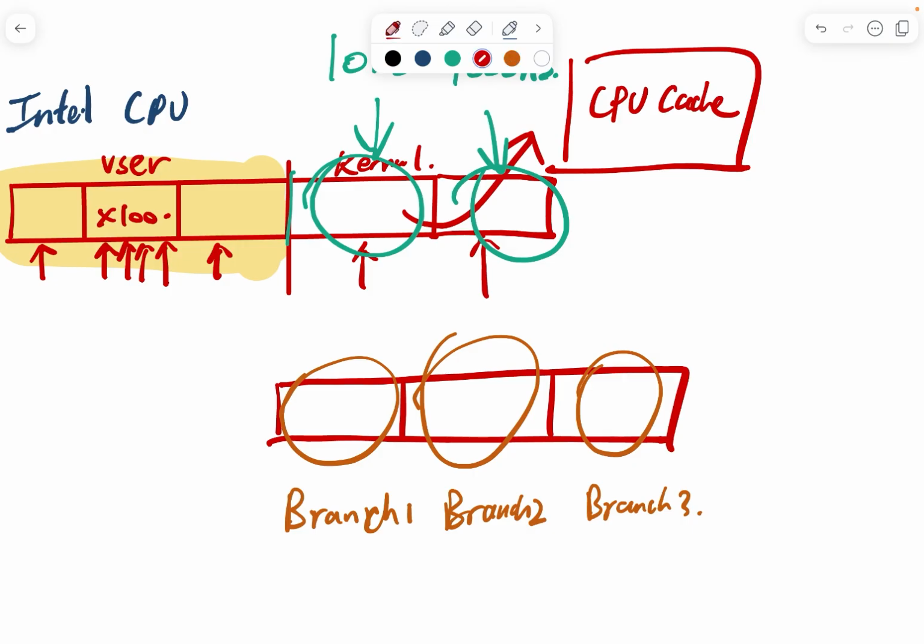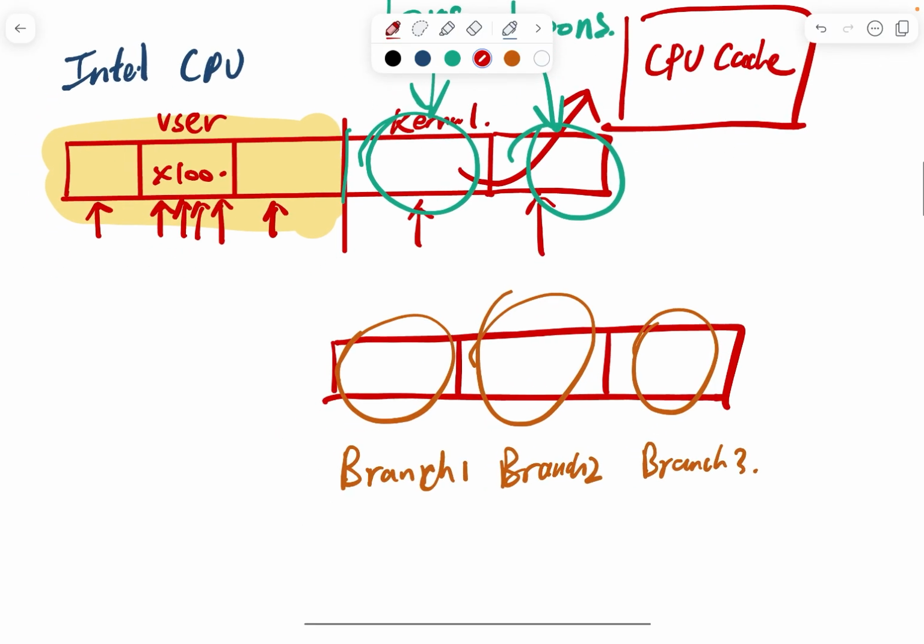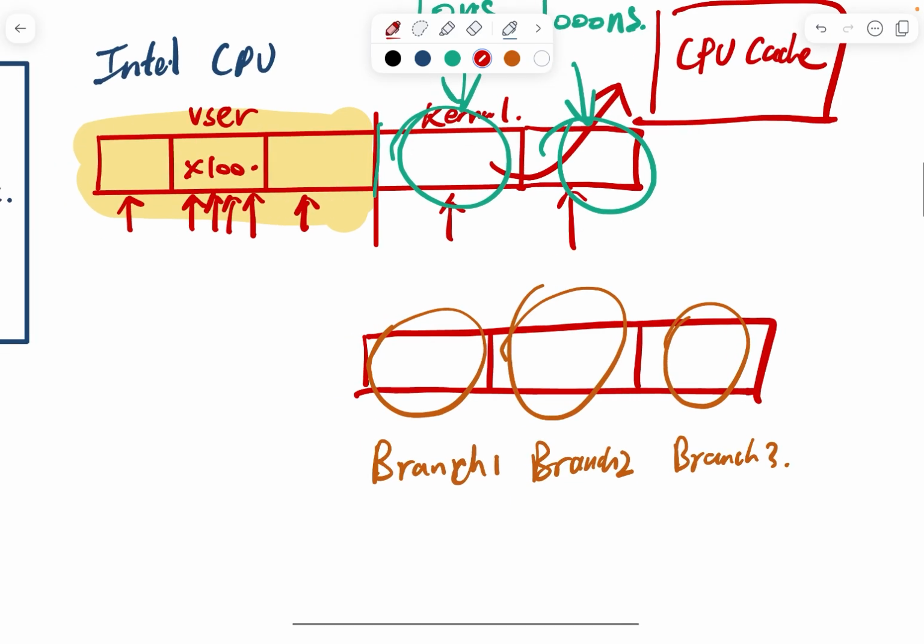And by utilizing the attack that we've mentioned before, we can create an attack like this. So we utilize the mechanism that we've mentioned right here.